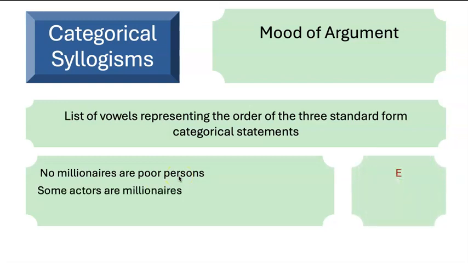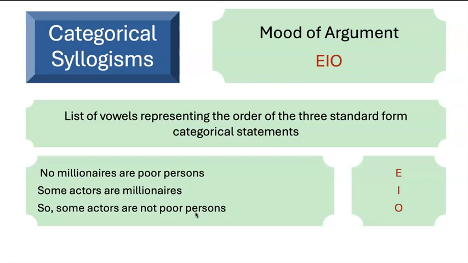Second statement: some actors are millionaires. Some S are P. That's an I statement. And our conclusion, some S are not P, is an O statement. So the mood of the argument is E, I, O: an E statement followed by an I statement followed by the conclusion, which is an O statement.